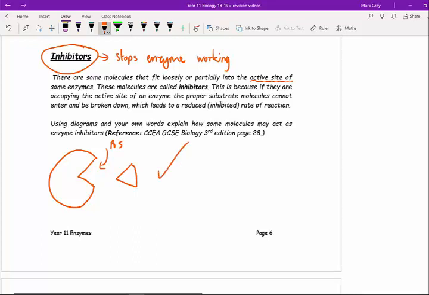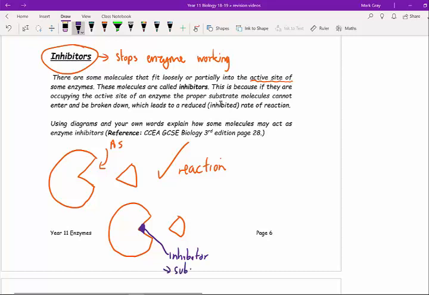There will be a reaction in that one. Whereas in this one, we've got the enzyme, we've got the substrate, but if we put in a cheeky little inhibitor in there, what you'll notice is that the substrate won't fit because the active site is blocked, that means that there will be no reaction.